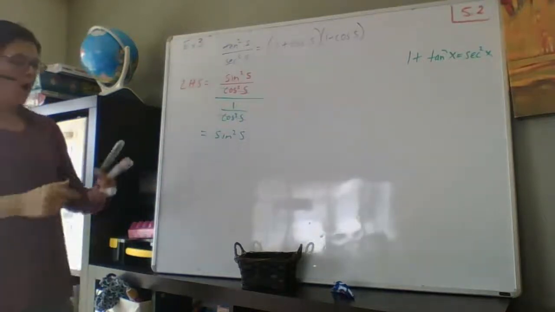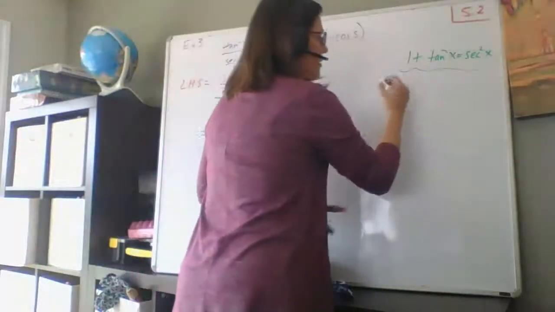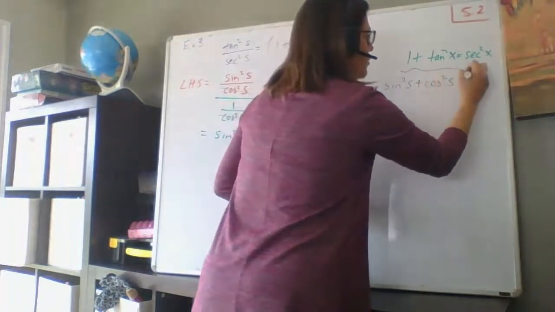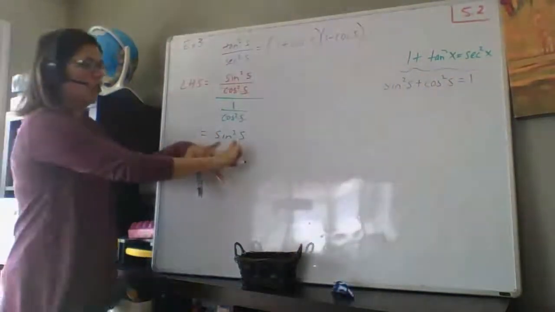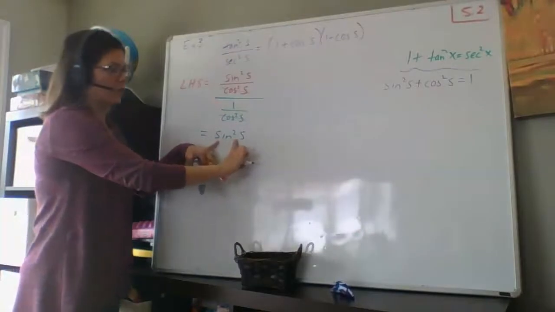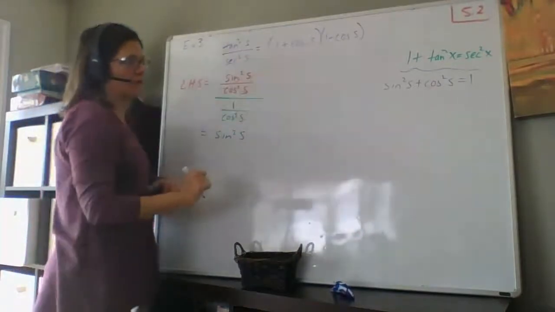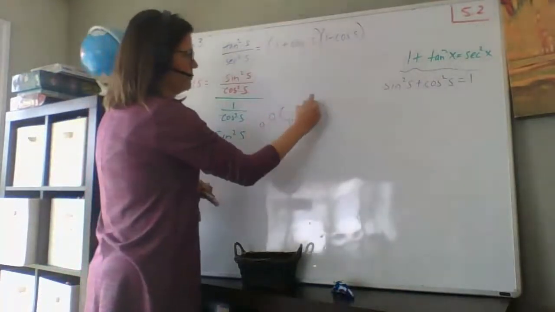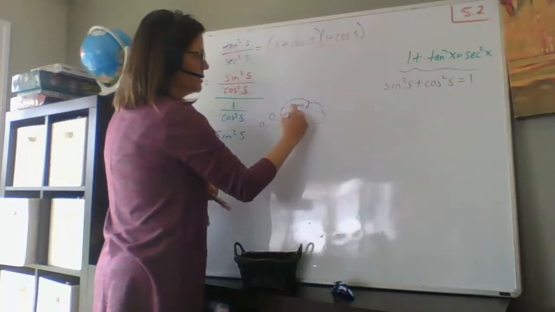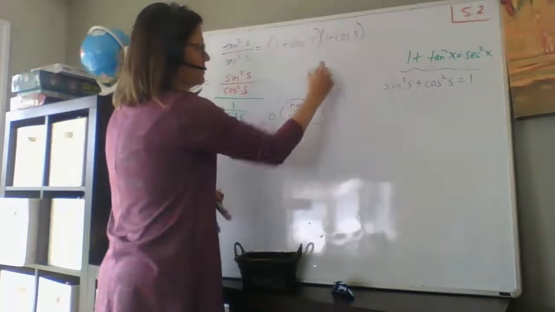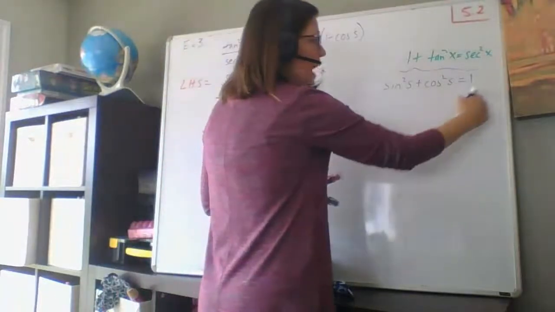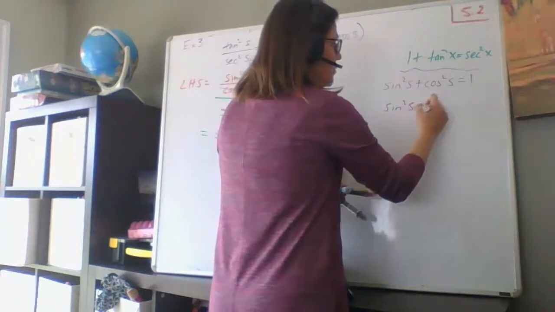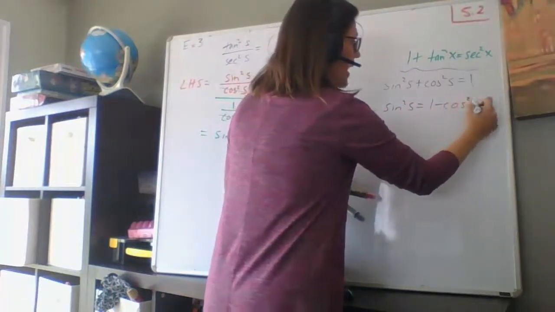That's going to be another Pythagorean identity, which is sine squared s plus cosine squared s equals 1. If I want to solve for sine squared s, because I'm trying to rewrite my sine squared s in terms of cosines, I subtract the cosine squared over, and I get sine squared s equals 1 minus cosine squared s.